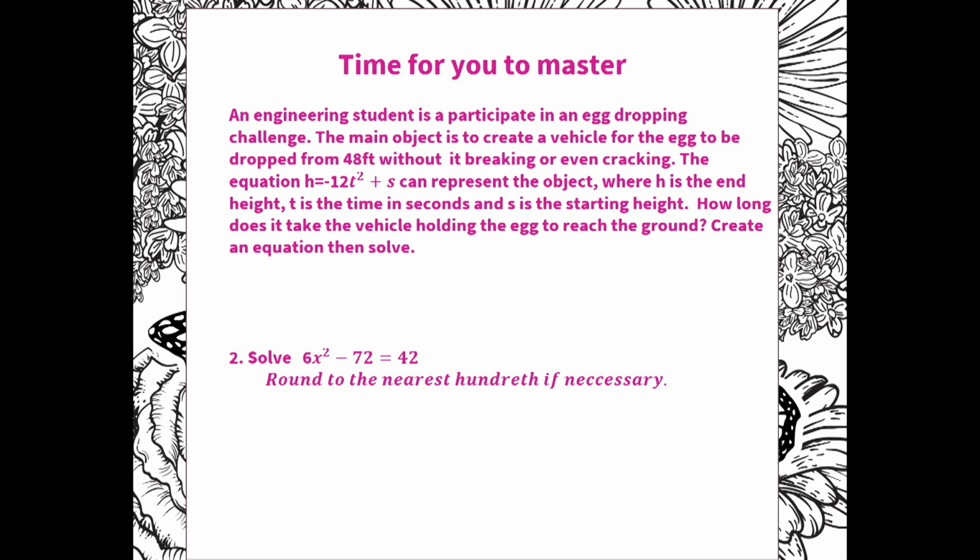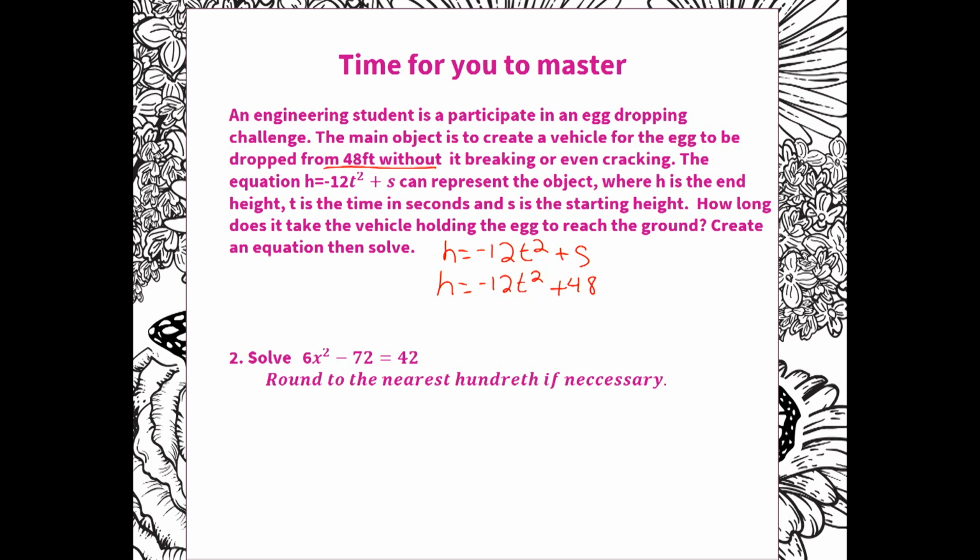I have my equation, which is h equals negative 12t squared plus s. It tells me that my s was what? My starting height. It tells me my starting height is 48. And then it says t is time, so I'm left with this.